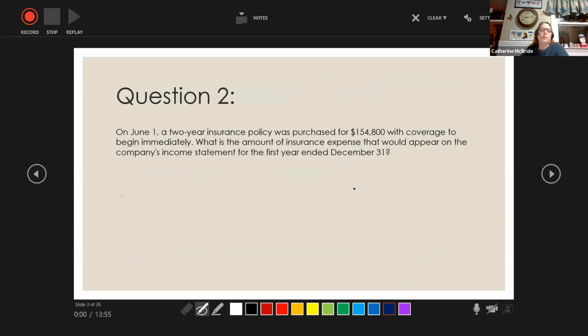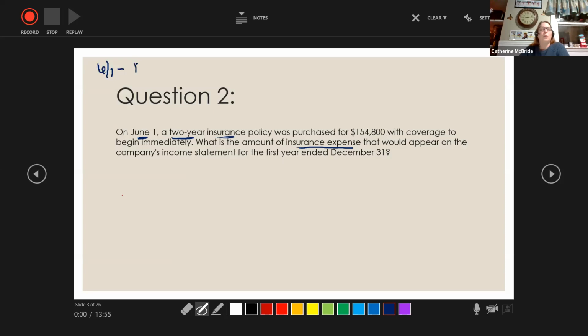Okay, question 2. Now we have a 2-year insurance policy that was purchased on June 1st. And we want to know, again, the insurance expense that would appear on the income statement at December 31st. So June 1st, how many months are we going to record this time? 7.